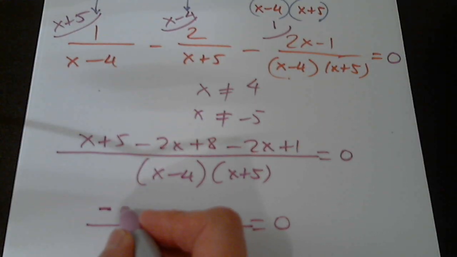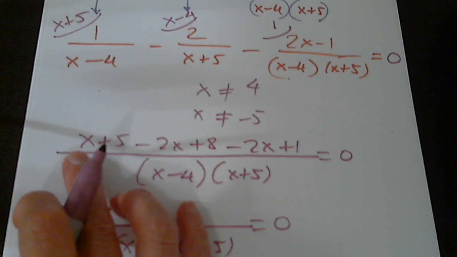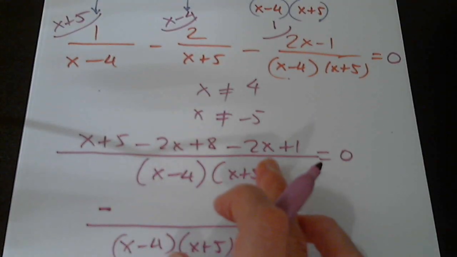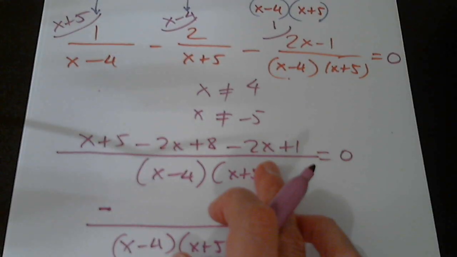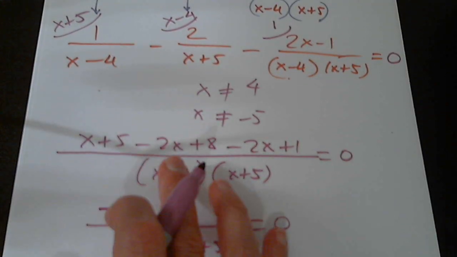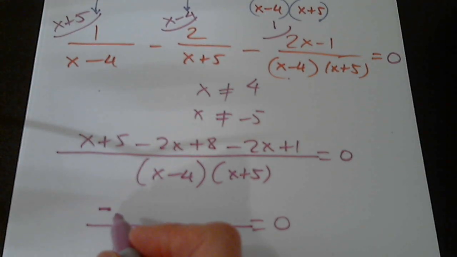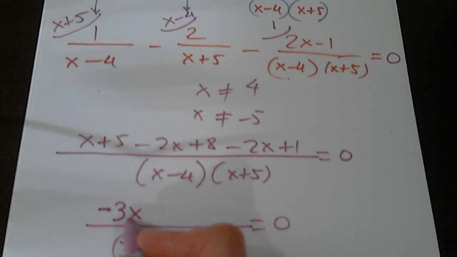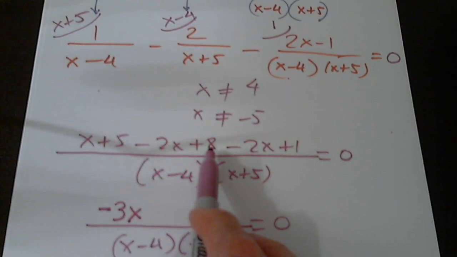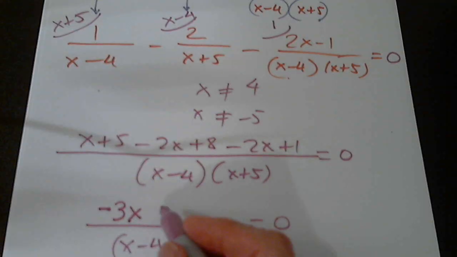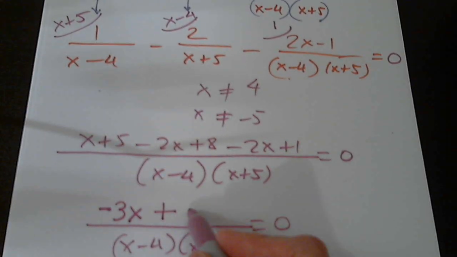It's like an apple minus 2 apples minus 2 apples. We're not squaring apples. Apple minus 2 apples minus 2 apples is negative 3 apples. Perfect. 5 plus 8 plus 1 is 14.